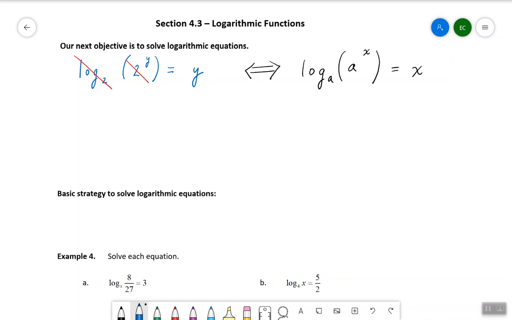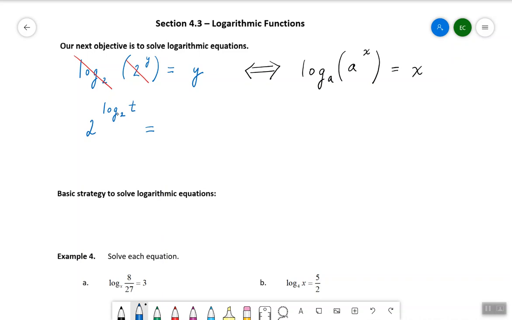Then we can extend that idea just a little bit. We can write 2 to the log base 2 of, instead of using y or x, let's use another letter, t, for instance. The idea is the same. We're starting with t, and we're doing two things.